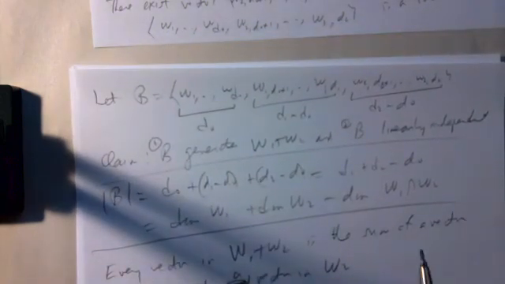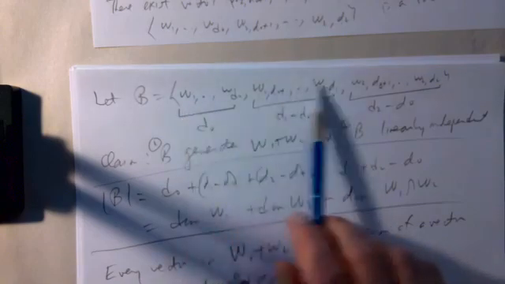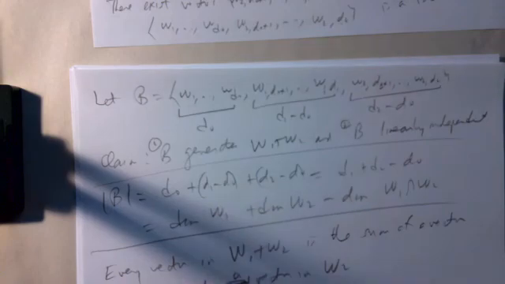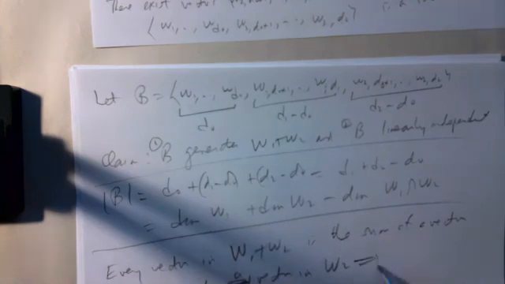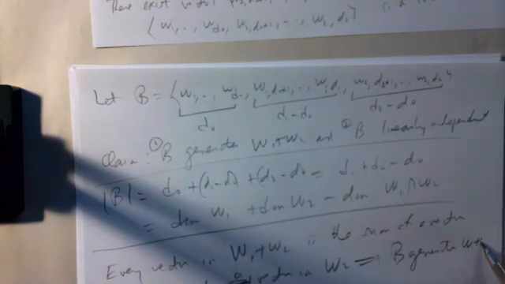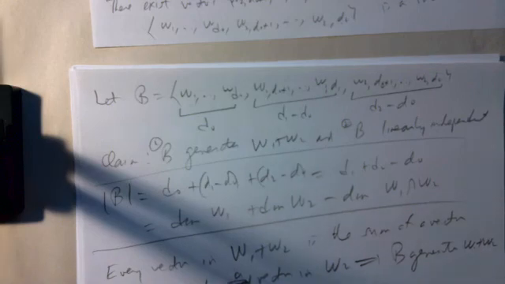Every vector in W1 is a linear combination of these vectors. Every vector in W2 is a linear combination of these vectors. The sum is a linear combination of vectors in the set B. So that means B generates W1 plus W2.